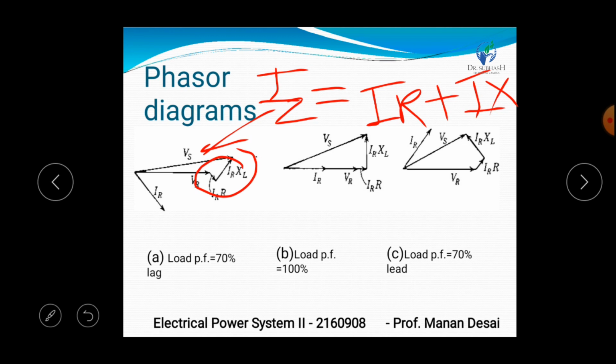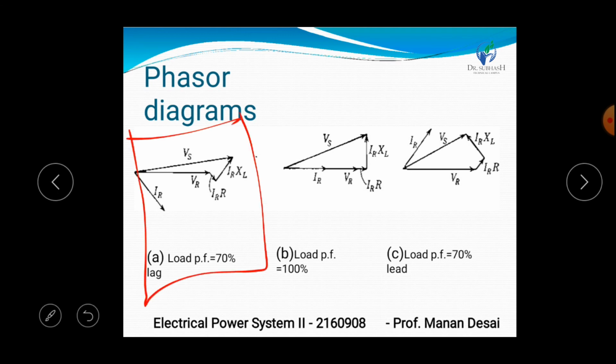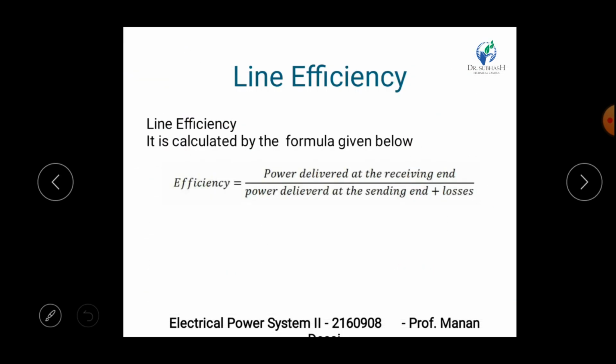The regulation is greatest for lagging power factor, and least, even negative, for leading power factor. Meaning in this case the regulation is very good, and in this case the regulation is poor. So this is the conclusion, and now we move towards line efficiency.